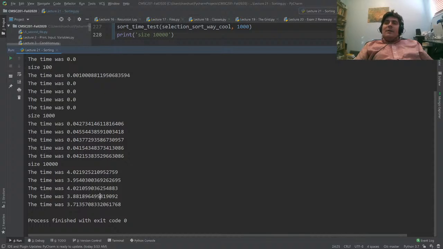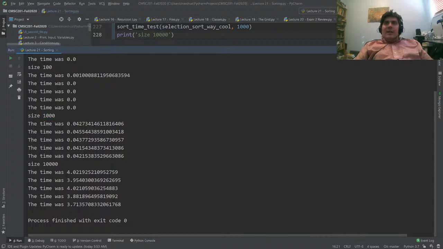And so you notice that selection sort performed faster than bubble sort, at least the simple version of bubble sort. But you also know that because it's an O of n squared algorithm, you estimate that it's going to take approximately 100 times as long to perform a list of size 10,000 as it did a list of size 1,000.